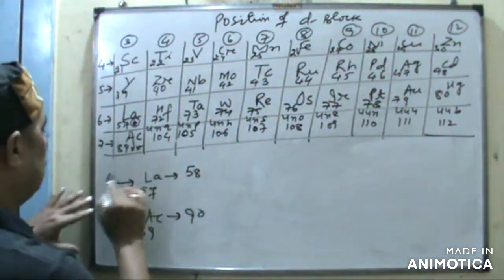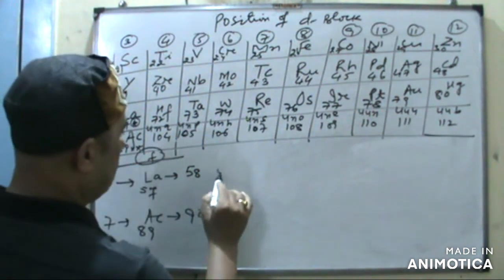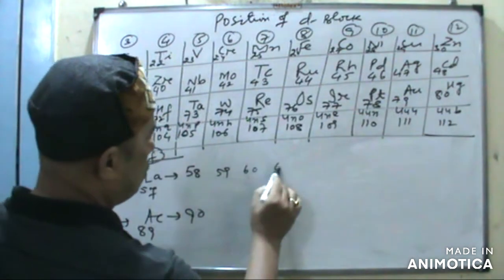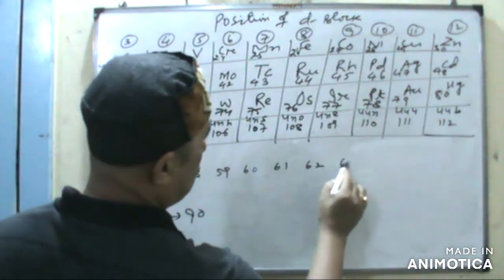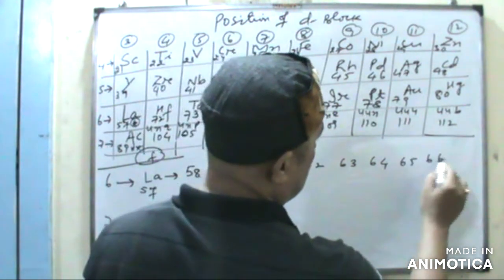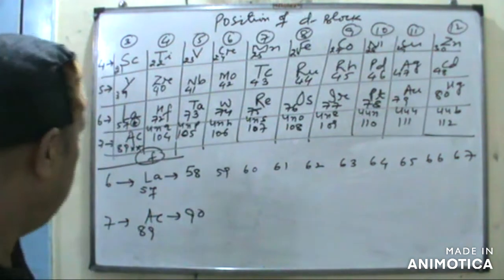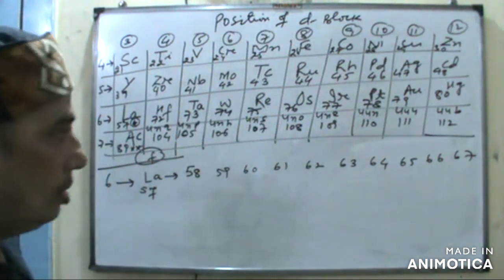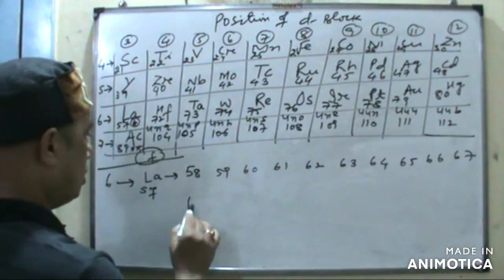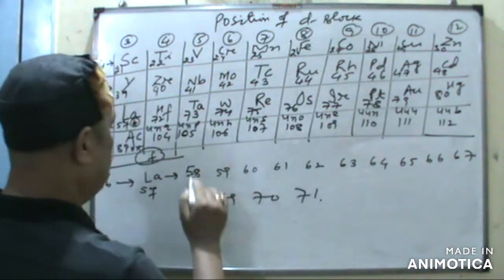And then for the F block elements, this is 58, 59, 60, 61, 62, 63, 64, 65, 66, 67, 68, 69, 70 and 71.